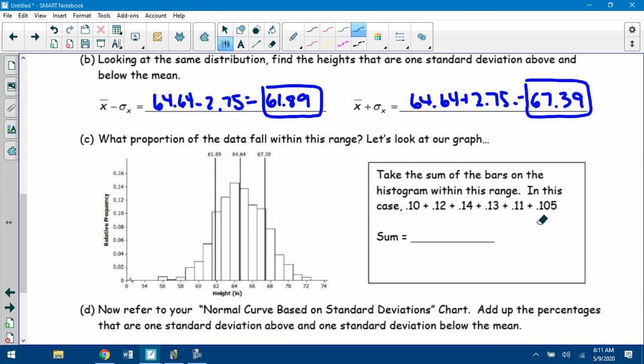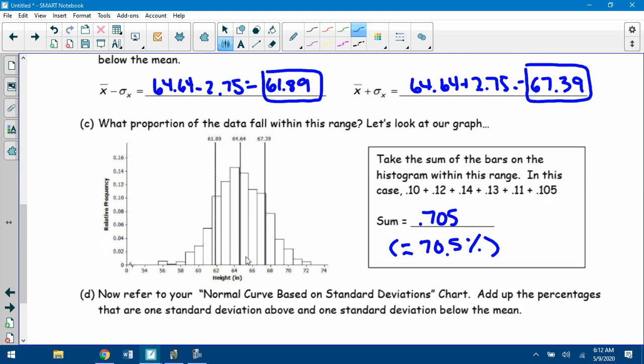If I add all those up, I get 0.705, which means within one standard deviation, about 70.5% of all people fall within there. So it makes sense that within one standard deviation, 70% of the people have an average, normal height.